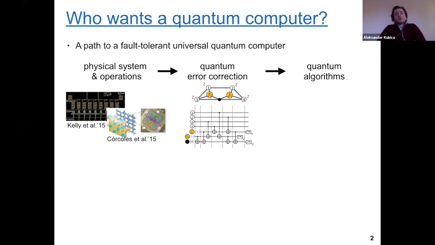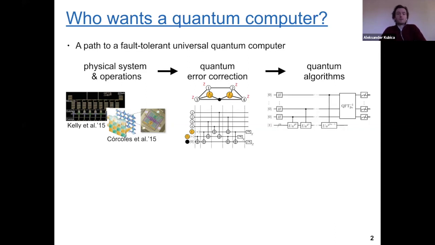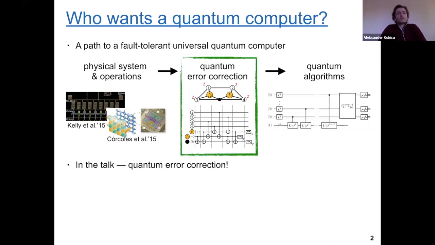And if our logical qubits are sufficiently good, we can forget all along about the fact that the quantum computer is built of noisy components and just think of an ideal quantum computer and think about running quantum algorithms on it. So in this talk, I will focus on the middle stage and on quantum error correction.